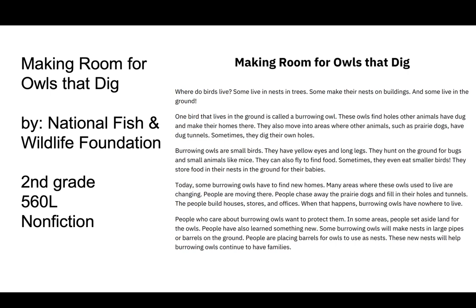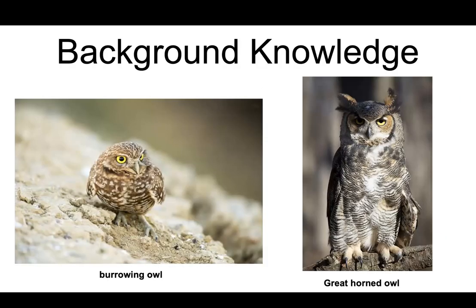Once you select your text for students, develop a way to connect to background knowledge prior to reading. In the text, Making Room for Owls That Dig, it is likely that students have heard of an owl before. In this case, providing a picture of different species of owl that students might have seen can help students create images in their mind as they read.